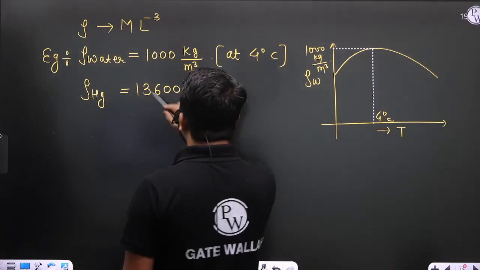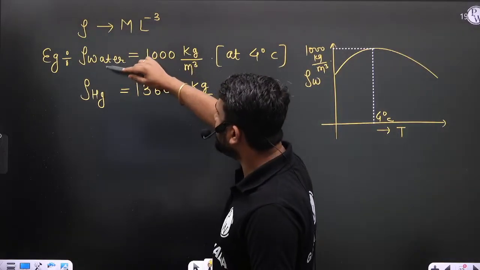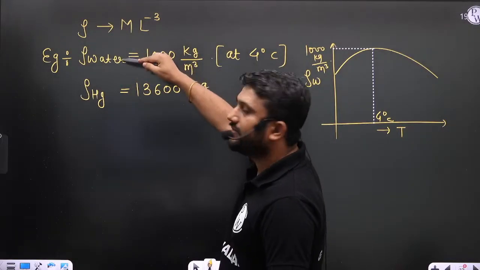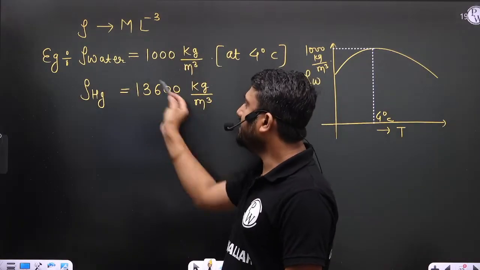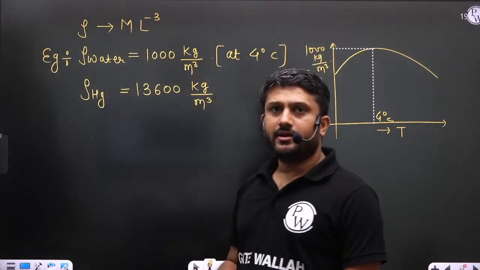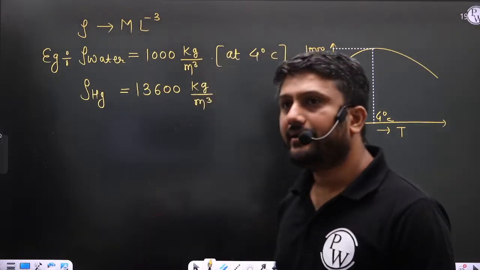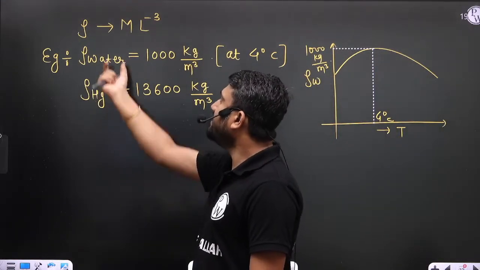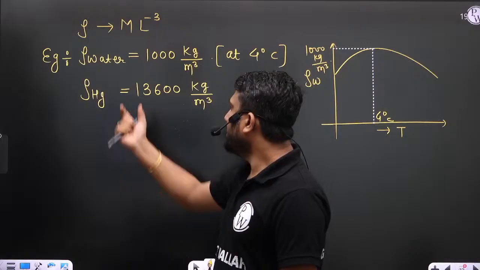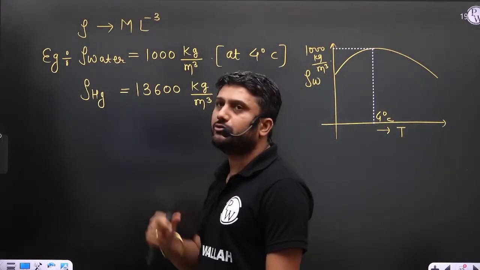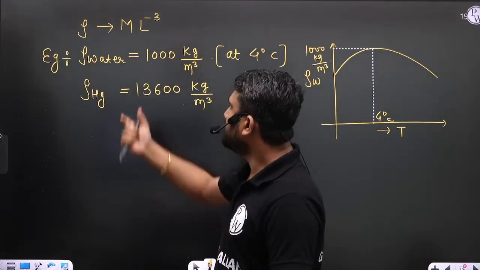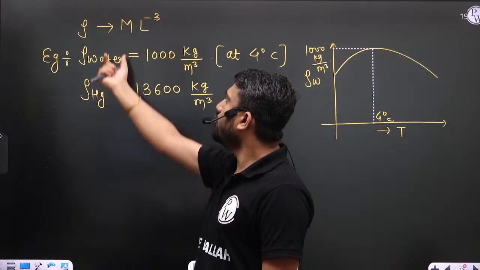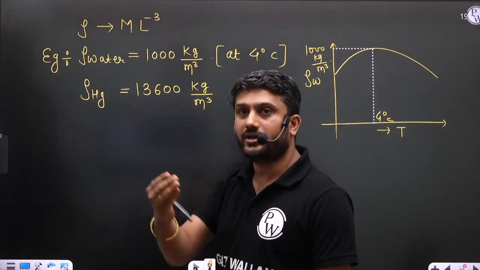So if you are comparing these two values, the density of water and the density of mercury, you can comment that mercury is heavier than water, or mercury has more inertia as compared to water, because the density of mercury is more than the density of water.